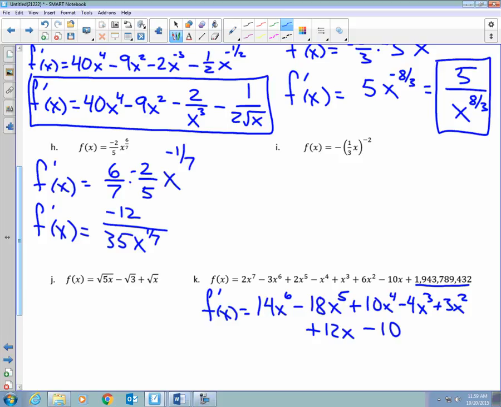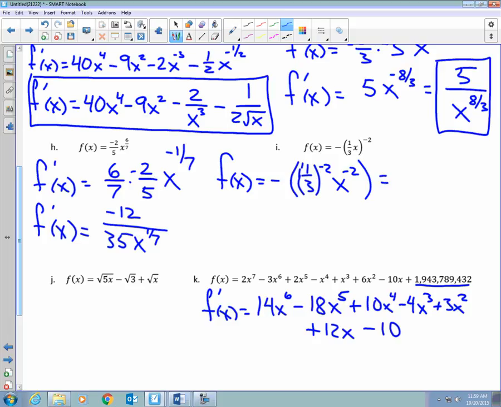Okay, for I have to rewrite this. Negative parentheses, 1/3 to the negative 2, x to the negative 2. I take both of those to the negative 2 power.